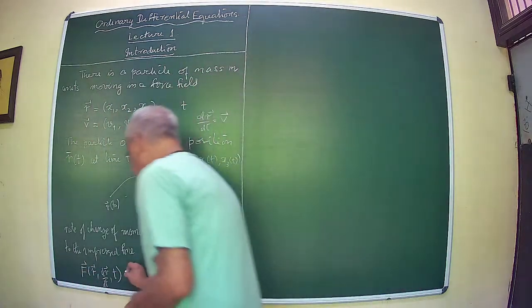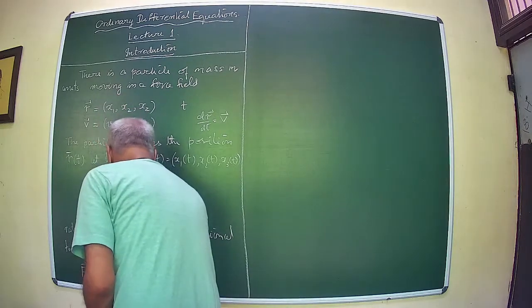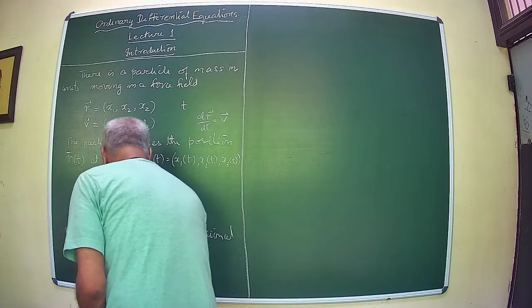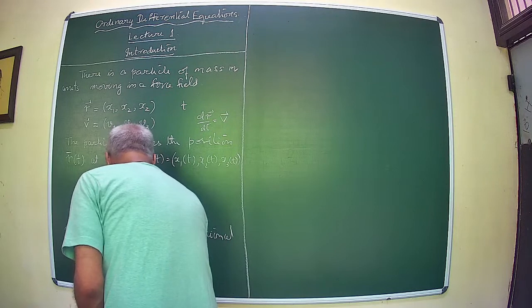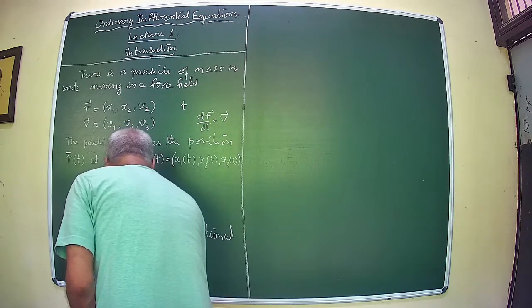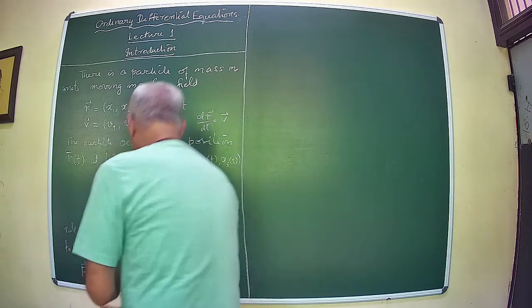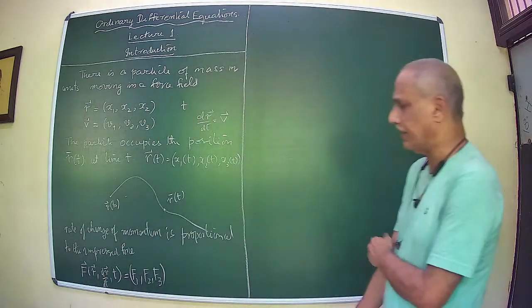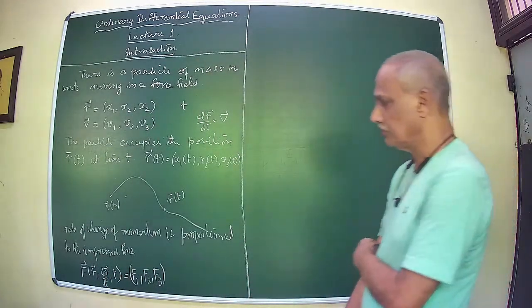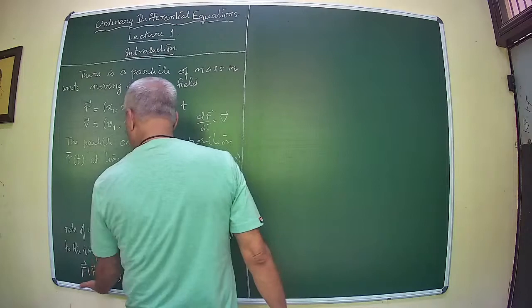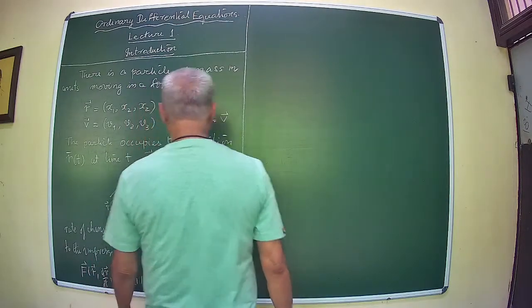And this has once again components F1, F2, F3, where F1, F2, F3 are scalar valued functions of x1, x2, x3, v1, v2, v3 and t.